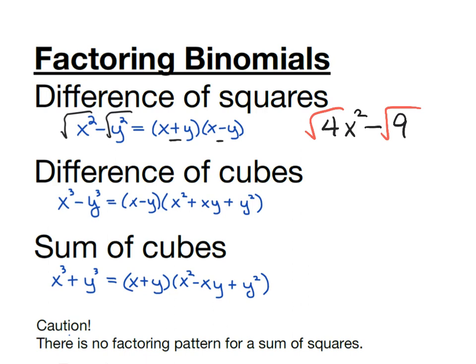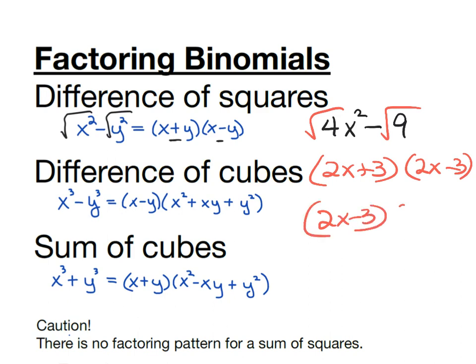So the square root of 4x squared is 2x. The square root of 9 is 3. We'll write each of the answers of the square root, and then one gets a plus sign, one gets a minus sign. Now it doesn't matter if you write 2x minus 3 or 2x plus 3 first.